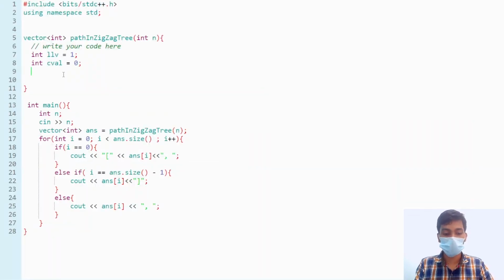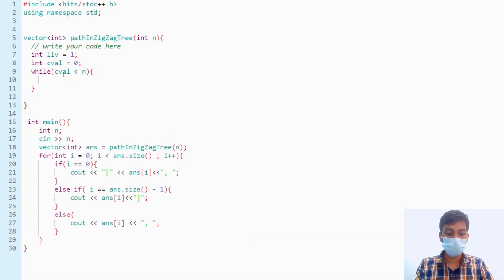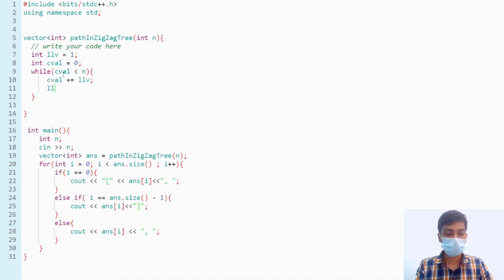While cval is less than n, we have to add this cval in our last level value, and we have to increment our last level value. That is, we have to not increment, but multiply it with 2.